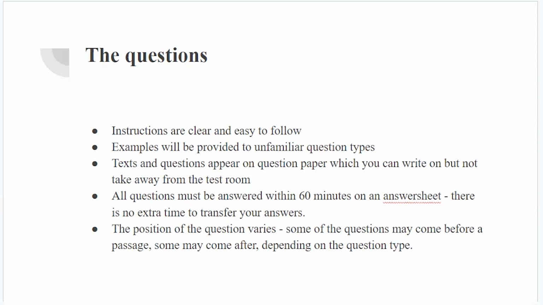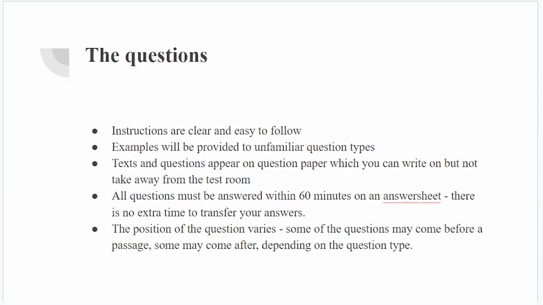Don't get confused. Then, the position of the questions varies. Some of the questions may come before a passage, some may come after, depending on the question type. So, don't get confused.